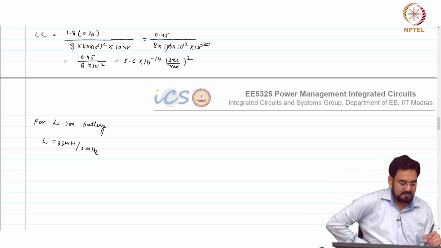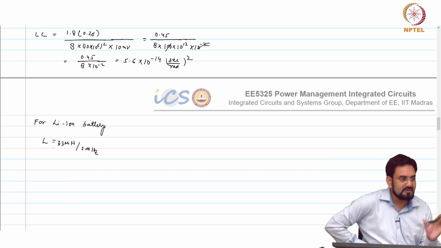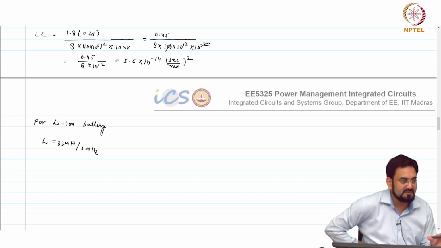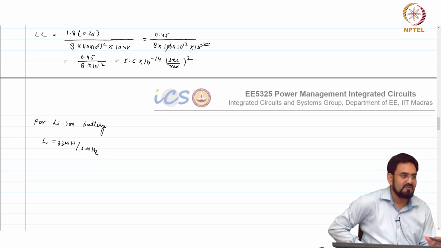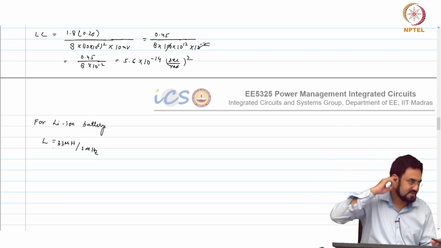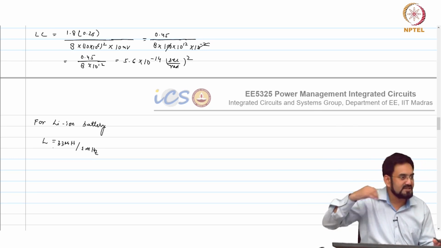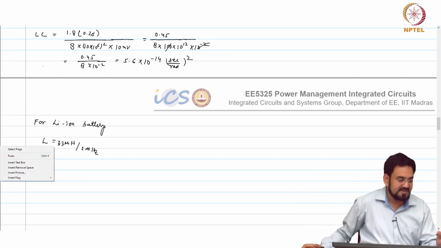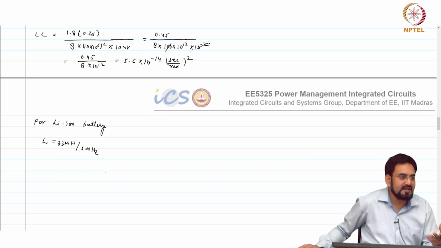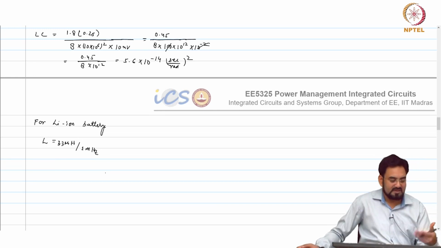So considering all those factors, 3.3 microhenry will give you the optimum value, for which you get a decent efficiency, up to 90%, which means your RMS losses will not be that much and you can still achieve decent transient response. But now we are looking at 1.8 volt, this is for 5 volt.